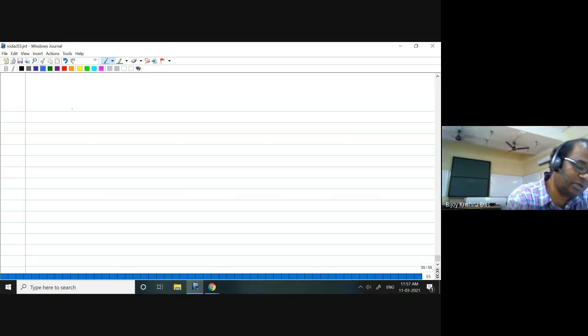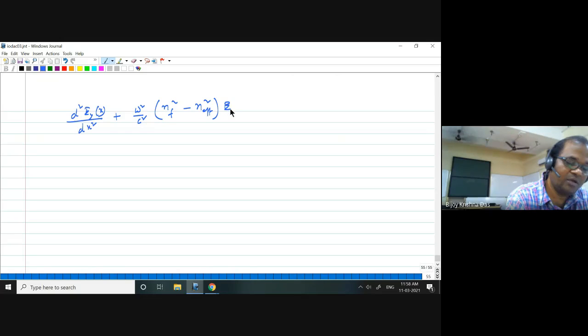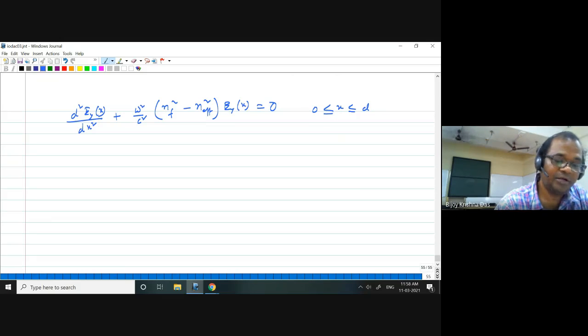So that equation can be written as d²EYX/dx² plus omega square by c square (nf square minus n effective square) EYX equal to 0. So this is the equation I have written for x between 0 and d.